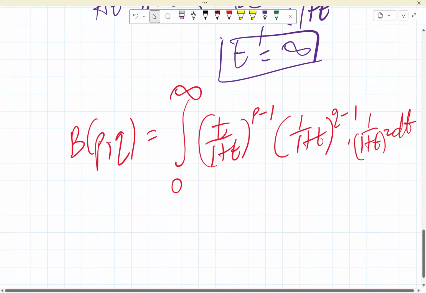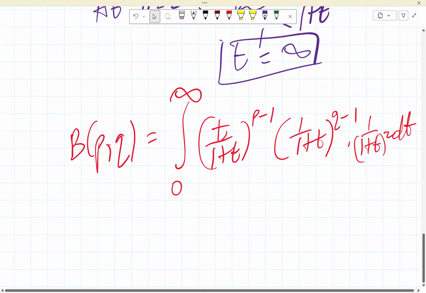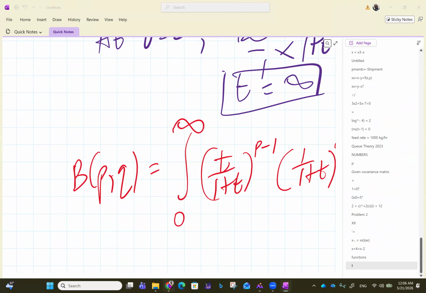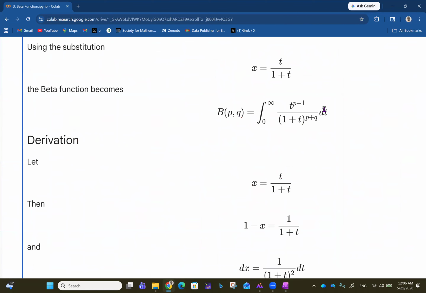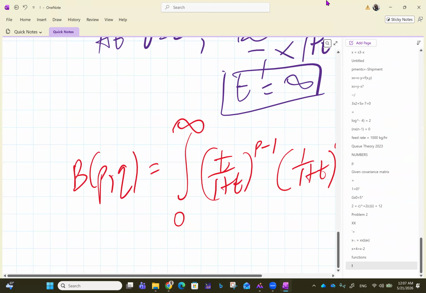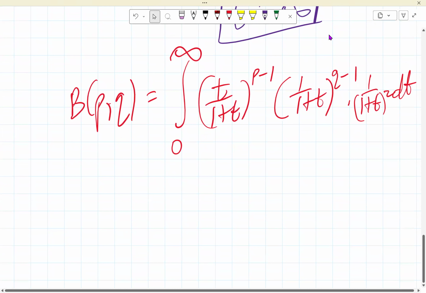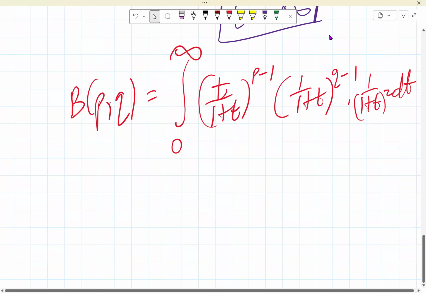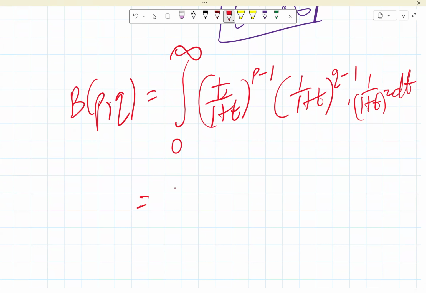By the time it's all done, we have t raised by p minus 1 over 1 plus t raised by p plus q. So let's see how we arrive at that. So you have the integral from 0 to infinity.